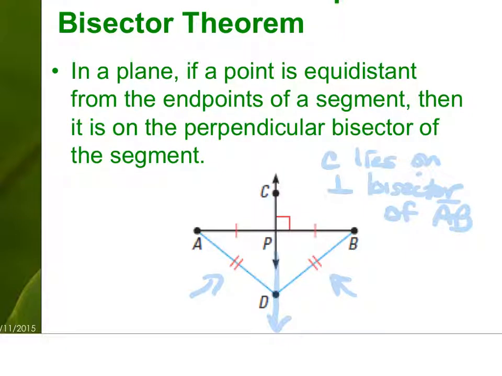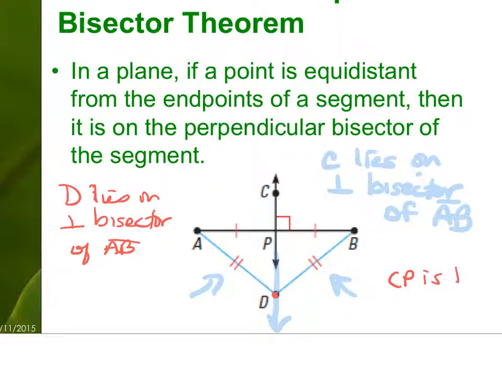I could also say that D also lies on the perpendicular bisector of AB because it's got the congruency marks. I could also say CP is the perpendicular bisector of AB. All these statements can come from this picture.